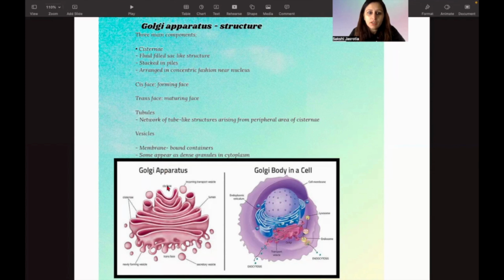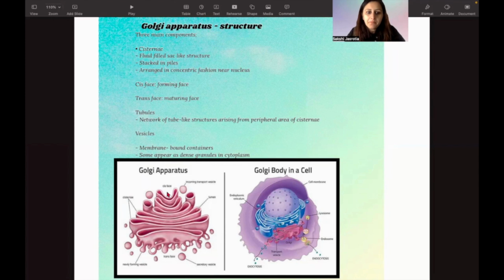They are arranged in a concentric fashion. Concentric means that if you imagine a dot in the center and something going around it, that shape or fashion is called the concentric fashion.